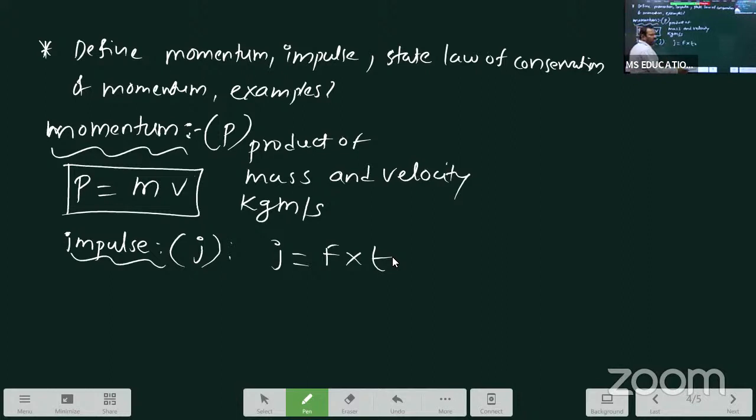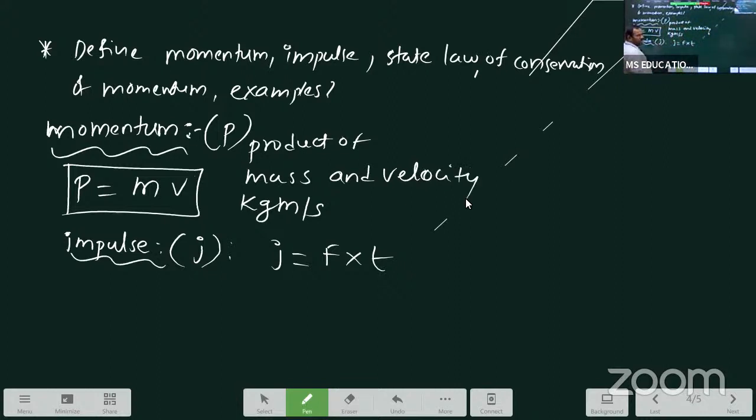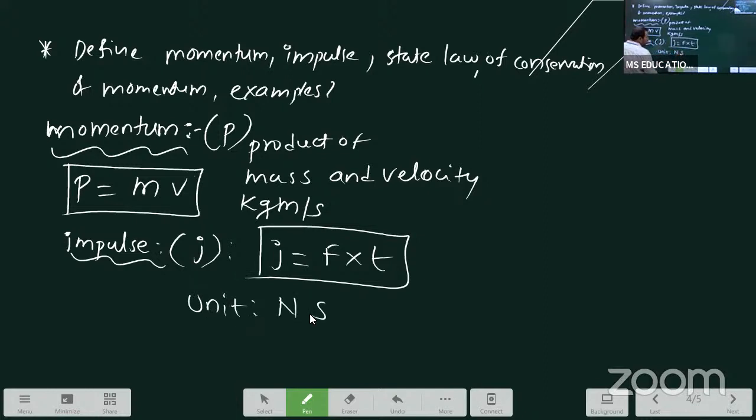J equals force into time. Unit: force means newton, time means second.